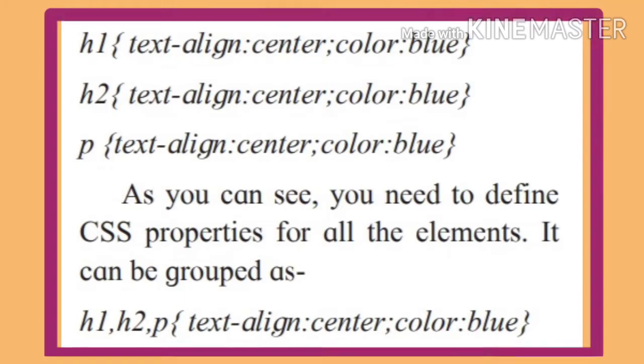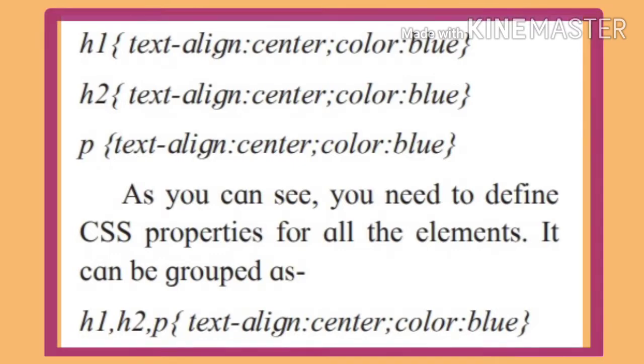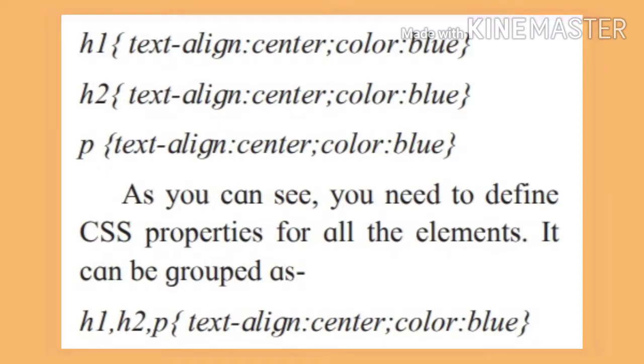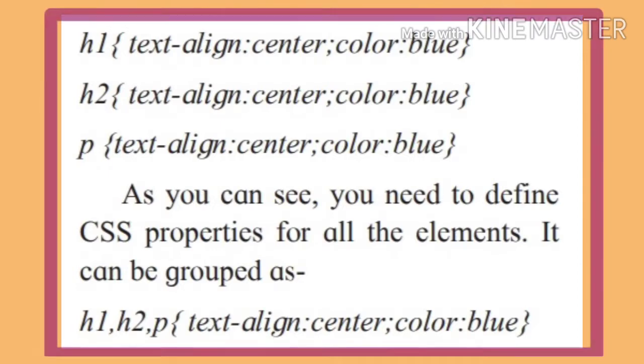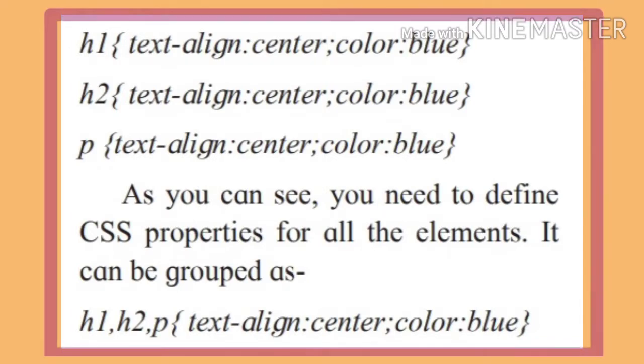If you want to declare the style effects text align equal to center and color equal to blue for 3 different selectors, instead of writing 3 lines, use only 1 line by using the group selector. Write 3 selectors separated by commas and then write the declaration block with property names and values.